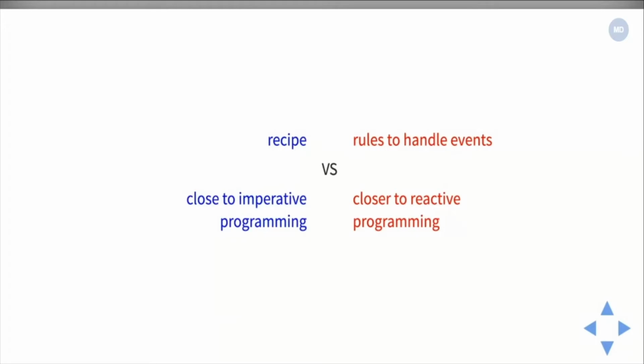Paradigms, I don't want to take too much time explaining what it is, because it's not clear even for the most experienced developer. Most developers have a lot of trouble shifting paradigms. If I had to give a quick definition, a paradigm is a style of thinking, a way of thinking when you design your code.